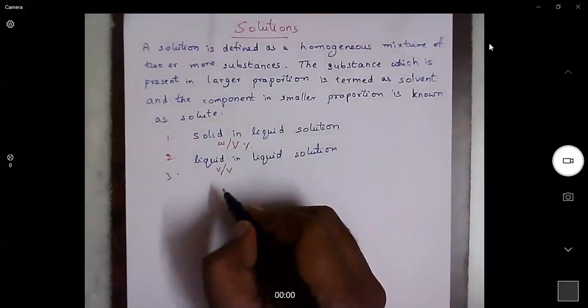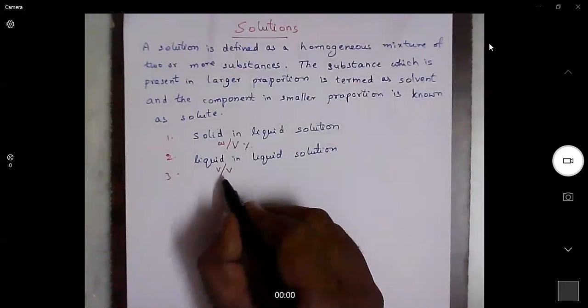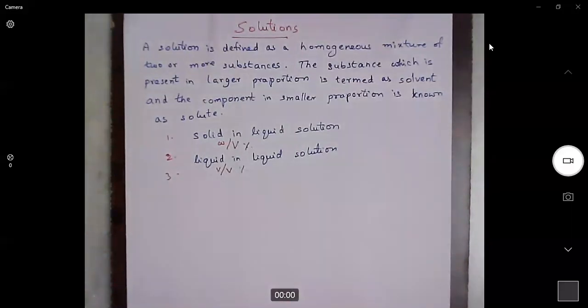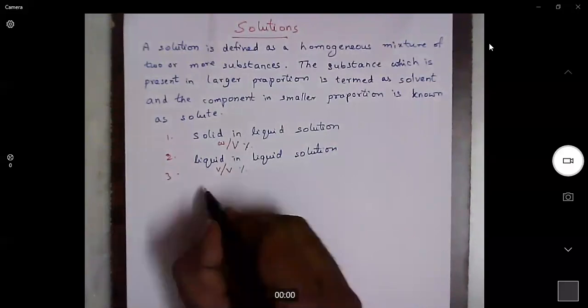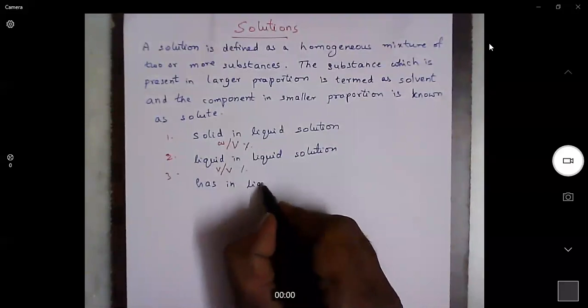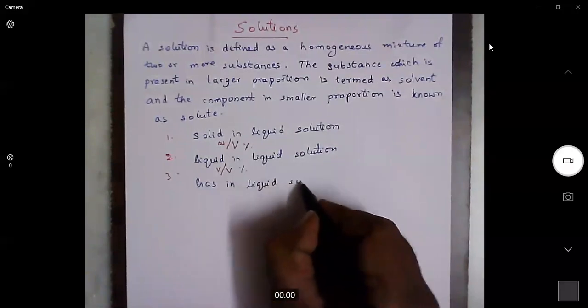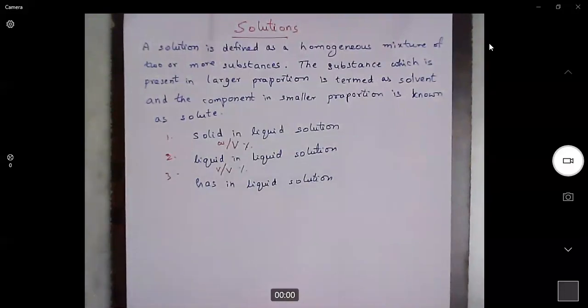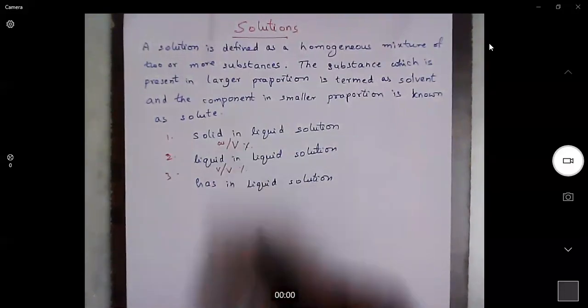So these are called volume by volume solutions, volume by volume percentages. The third type is gas in liquid solutions. These are the three types.